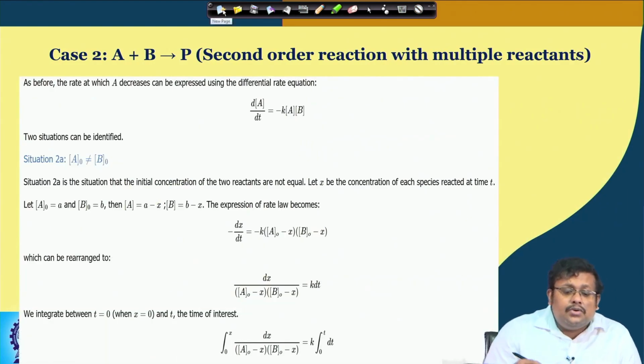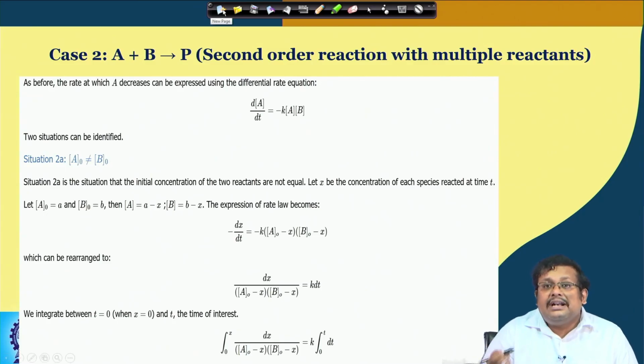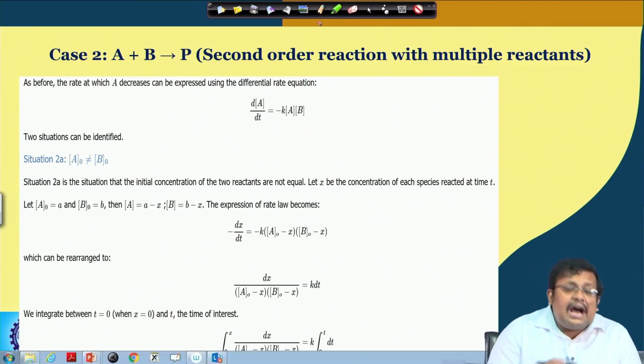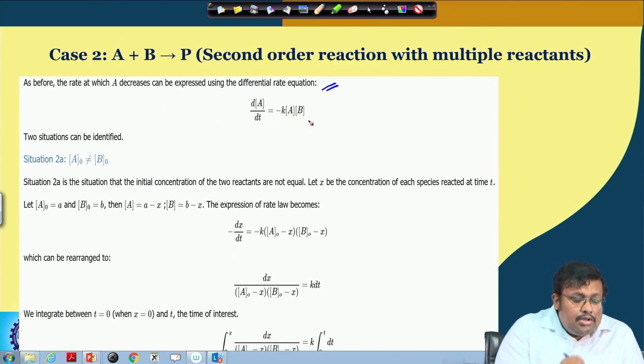Another case, case 2, is a second order reaction with multiple reactants. Let us see what the formula for this is. As before, the rate at which A decreases can be expressed using the differential rate equation, which is basically a product of the reactant concentrations. Two situations can be identified.